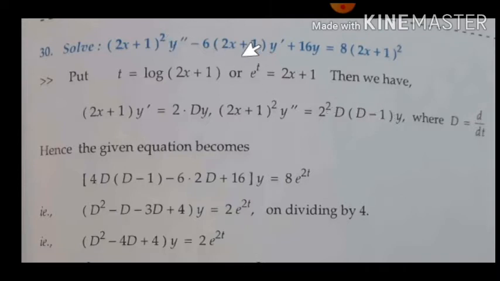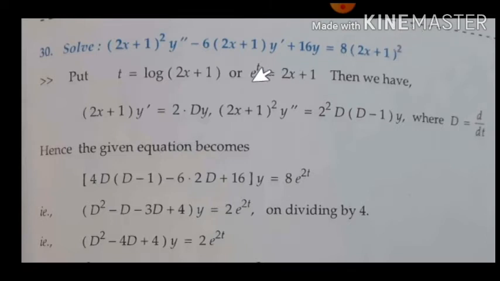Now substitute those two conditions here, and also see that the right hand side term of x should get converted in terms of t. So substitute it: 4D into (D minus 1), minus 6 as it is, this (2x plus 1) into y dash can be written as 2 into D, and 16, y taken common, 8 into (2x plus 1) whole square.